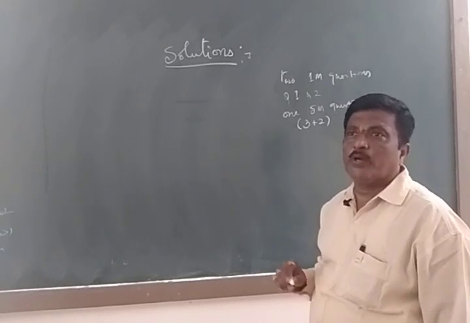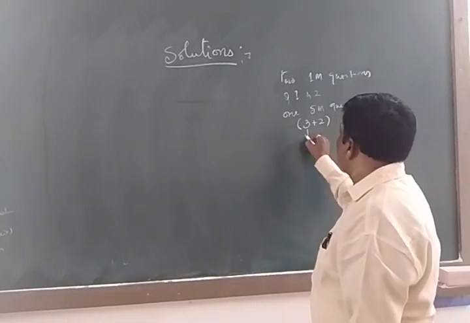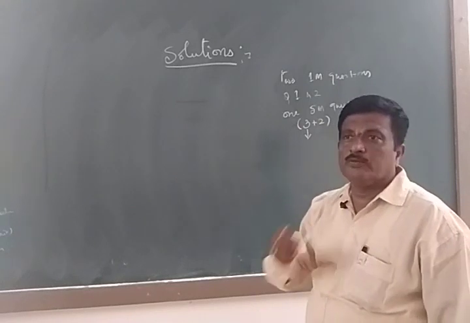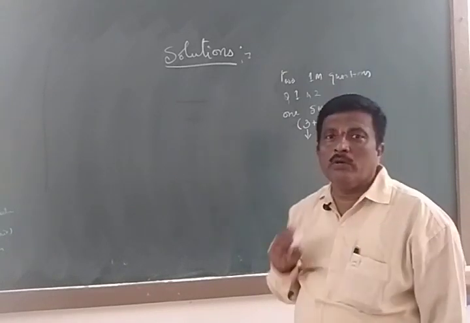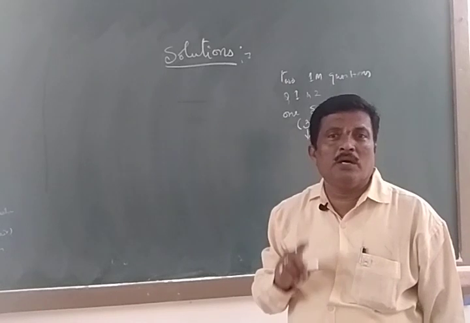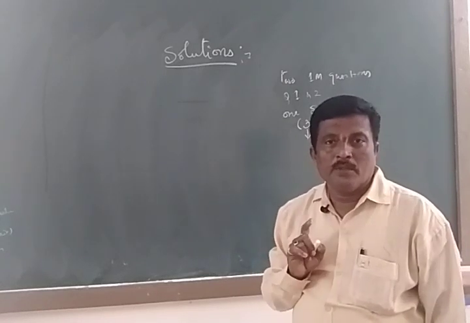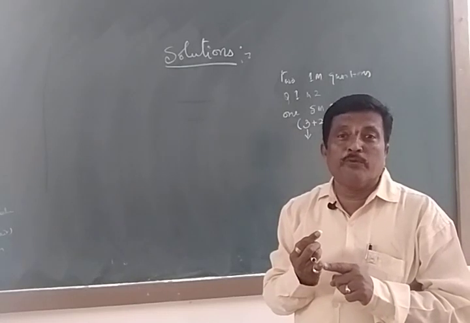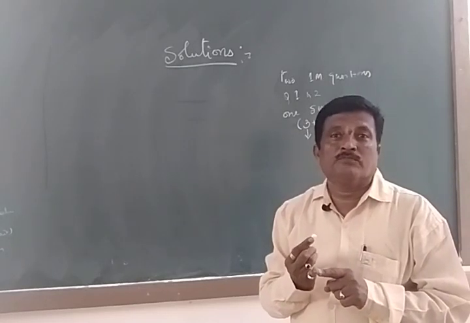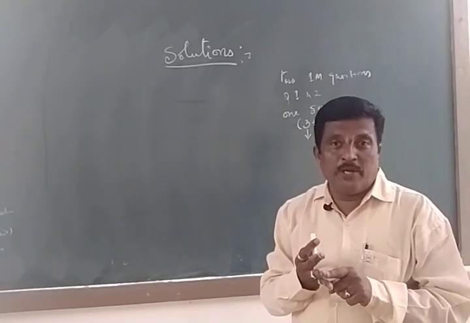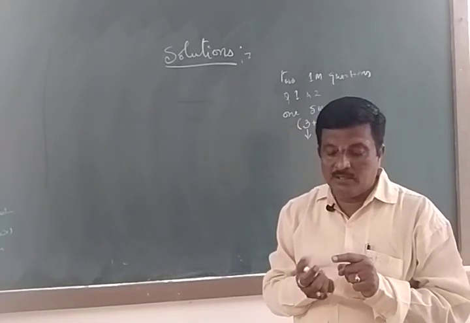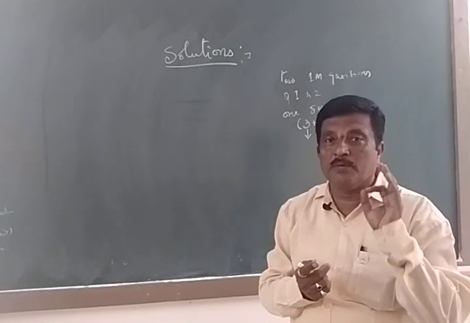Usually you can expect a 3 marks numerical, that too calculation of molar mass of a solute, either in case of lowering of vapor pressure, elevation of boiling point, depression in freezing point, or osmotic pressure.